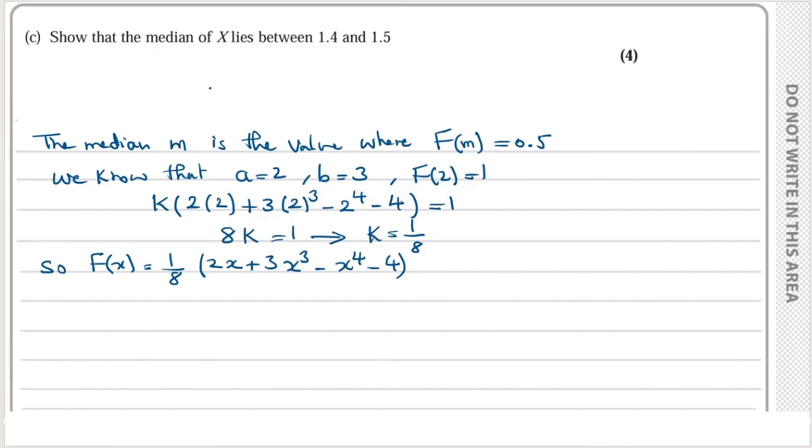So let's do that. We evaluate F of 1.4, we get 1 over 8, 2 times 1.4 plus 3 times 1.4 cubed minus 1.4 to the power 4 minus 4.